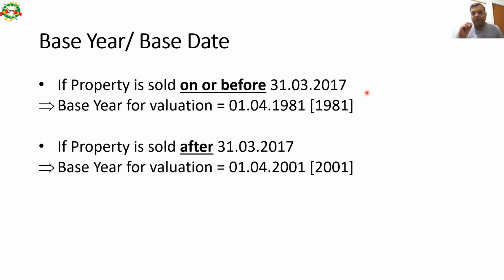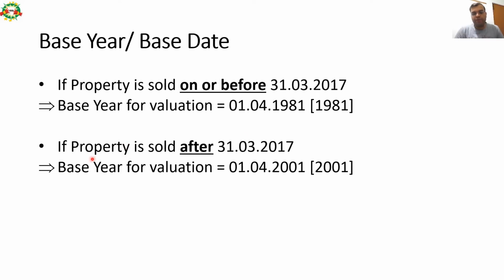So whenever we get a property valuation exam question, try to write down the date of sale. If date of sale is 31st March 17 or earlier, then the base year for valuation will be 1981, or the exact date is 1st April 1981.